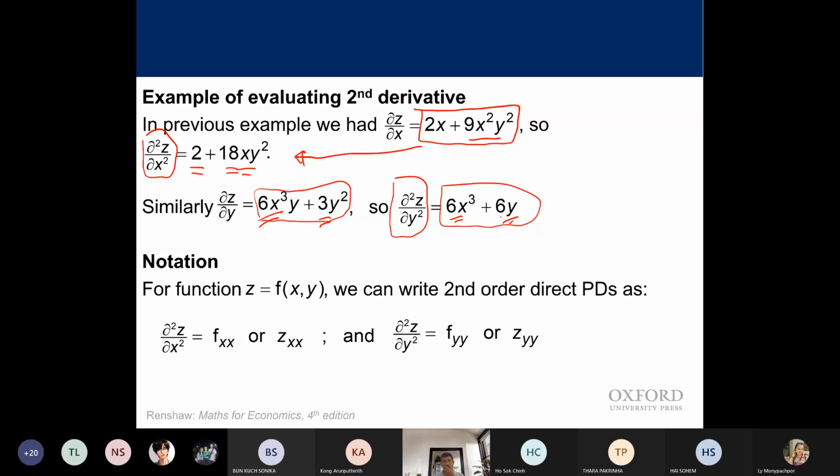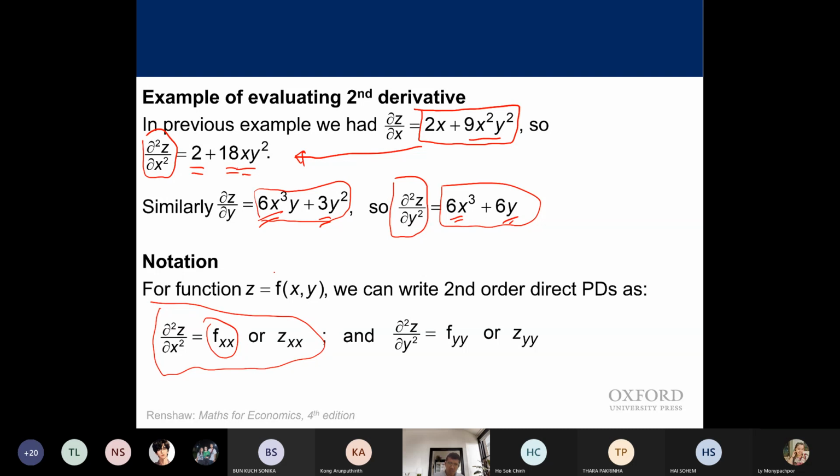And this is a possible notation for the second derivative. If you want to use the Leibniz notation, it should be something like this, and you're already familiar with it because you work a lot with this notation. If you want to simplify the notation, you state something like this, which means you differentiate with respect to x twice.